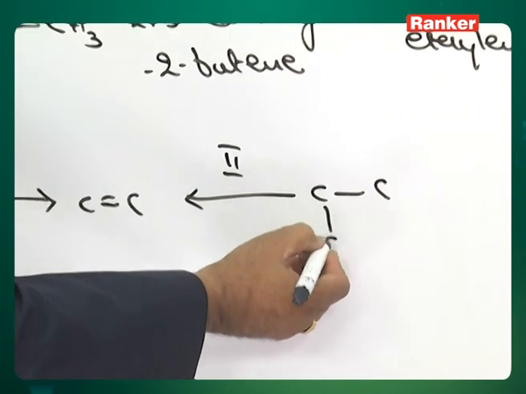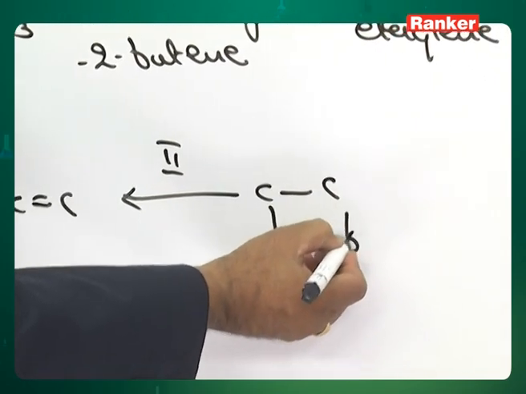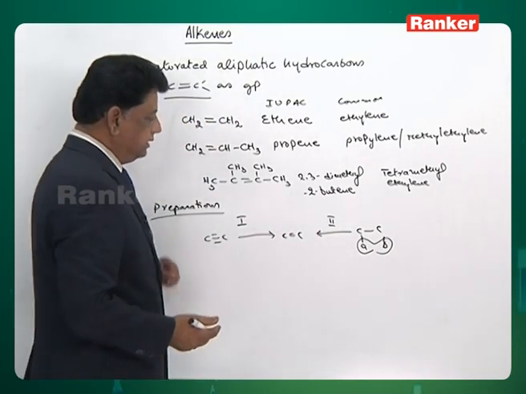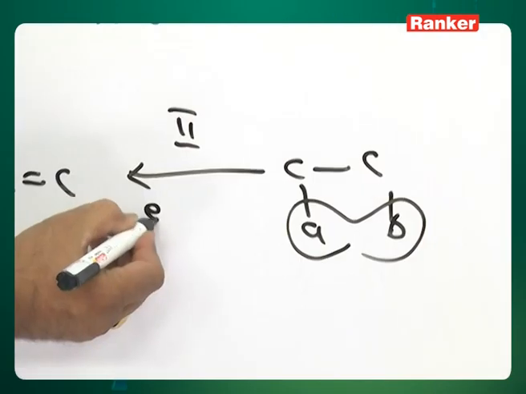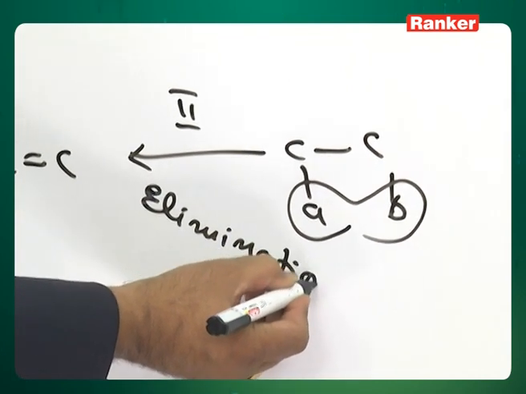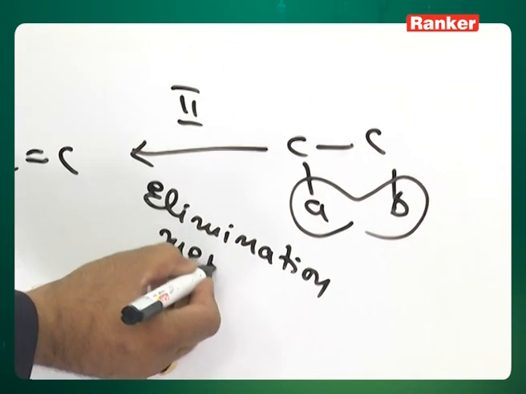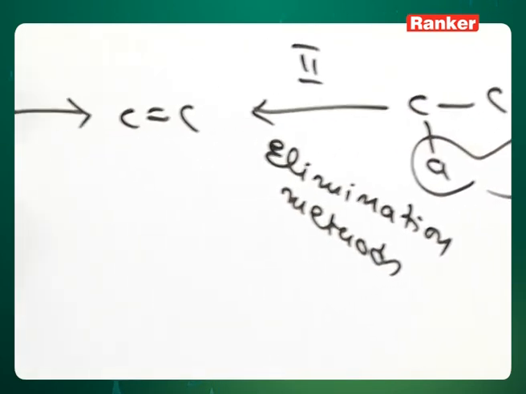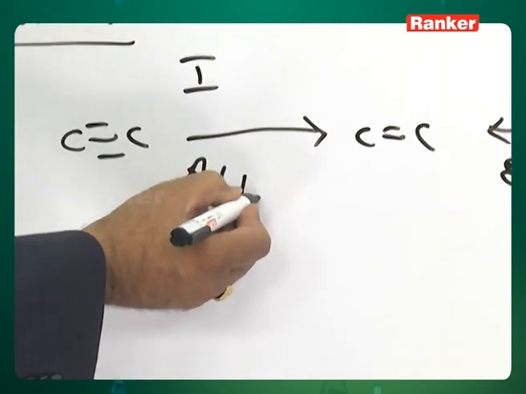If you remove the A and B groups, if you delete these groups, you will get this double bond. These procedures are called elimination methods. Whereas converting triple bond into double bond is called addition methods.